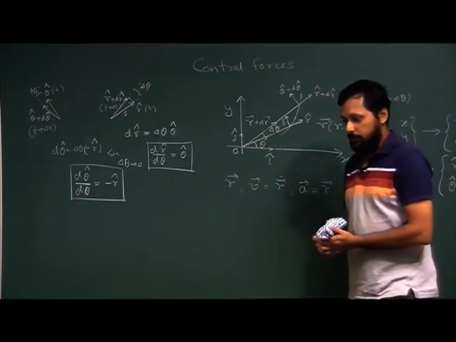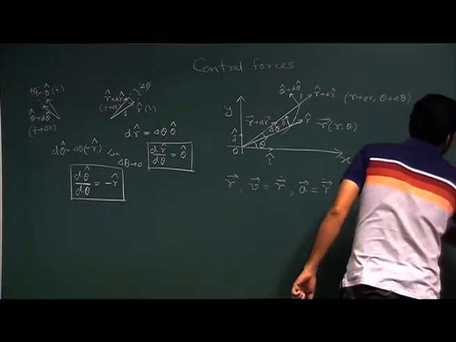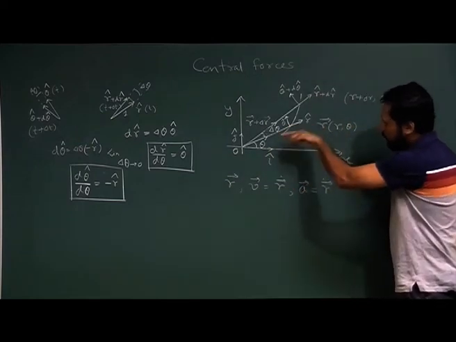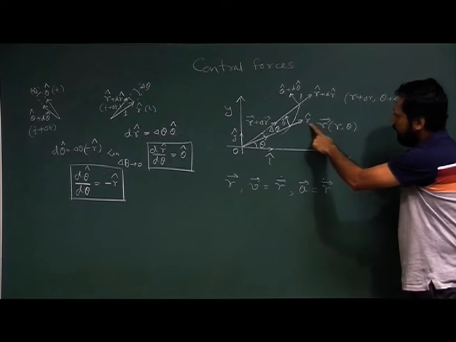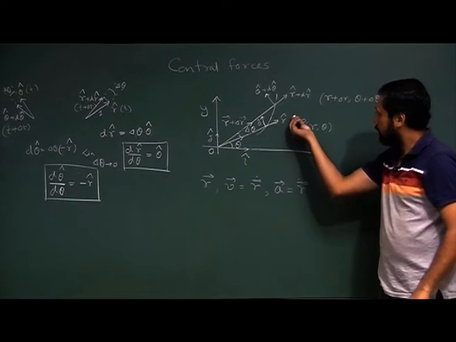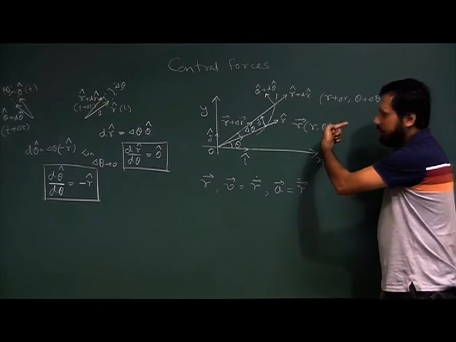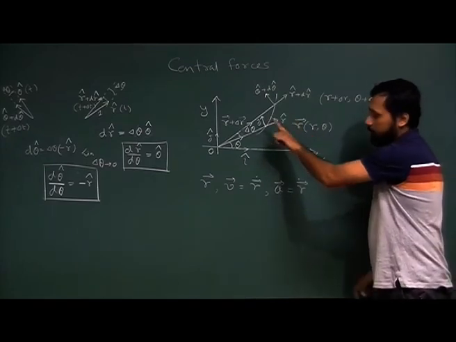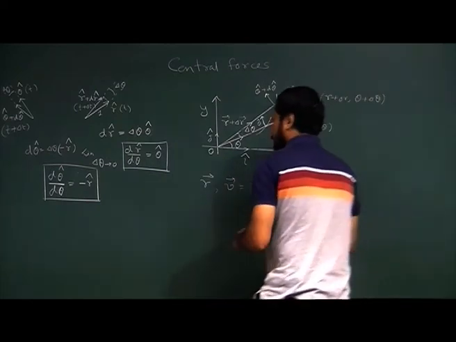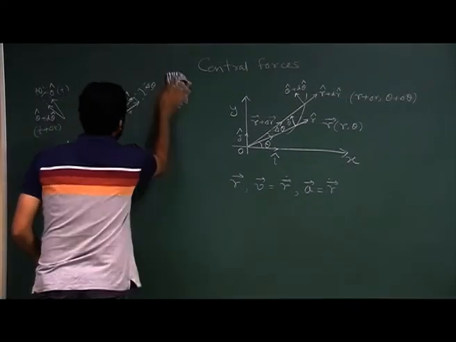And also please note that if we move along this radial direction, neither r cap nor theta cap changes, because if we go from this point to this point, the radial vector is always pointing outwards, so r cap is not changing. So, if r cap is not changing, theta cap is always perpendicular to r cap, that is also not changing. So, I will just write it together once again.